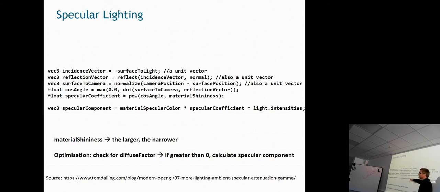Input is the base color of the material, the specular coefficient, again the offset of the size of that angle, which determines the extent of the specular effects, and the lighting intensity.